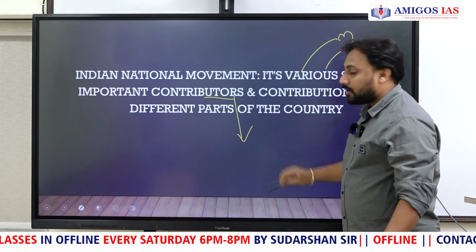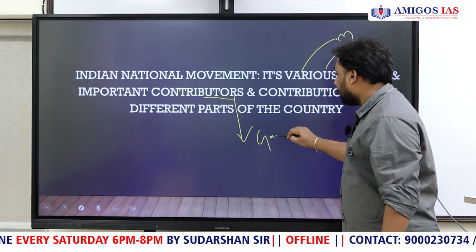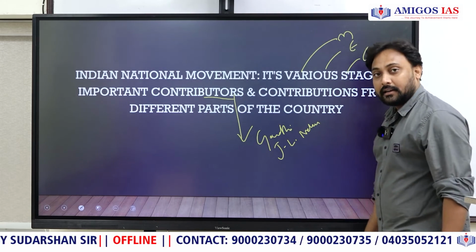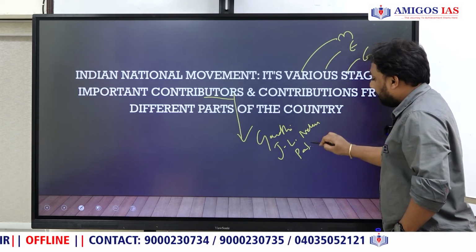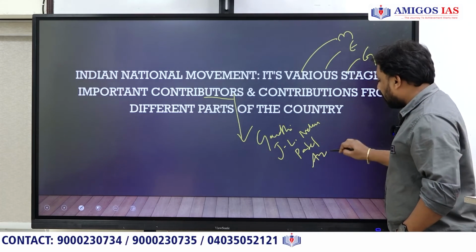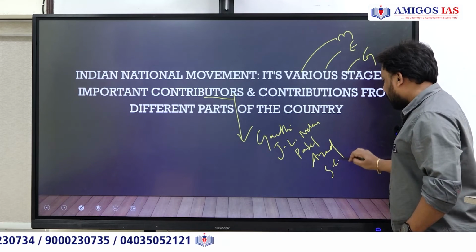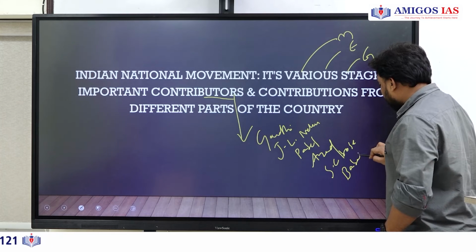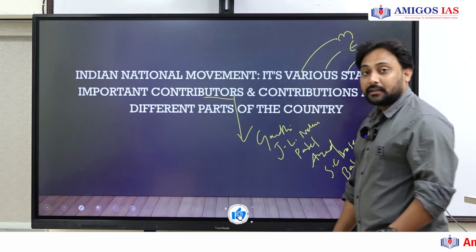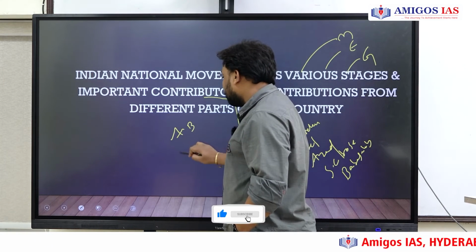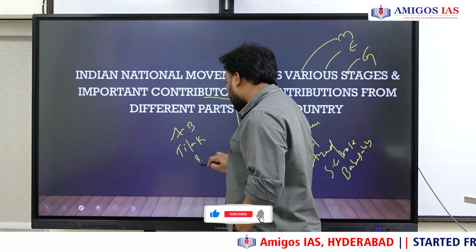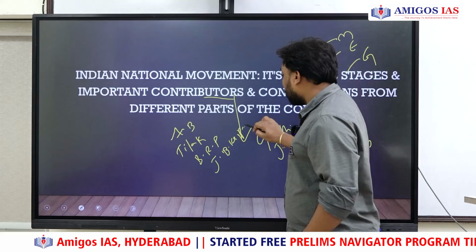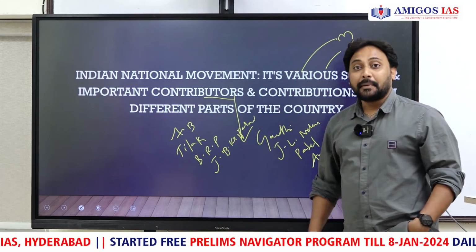I will tell you the most important personalities: Gandhi, J.L. Nehru, Patel, Maulana Abul Kalam Azad, Subhash Chandra Bose, stalwart Baba Saheb Ambedkar, and Annie Besant, and Tilak, Babu Rajendra Prasad, J.B. Kripalani, Anugrah Narayan, peasant class leaders.